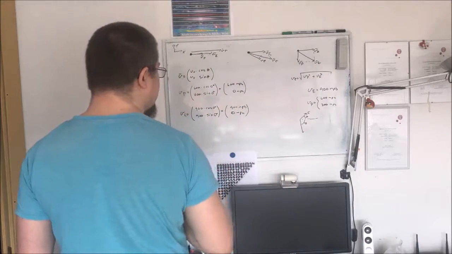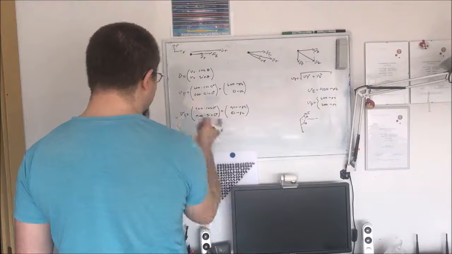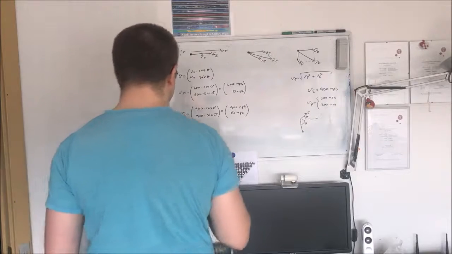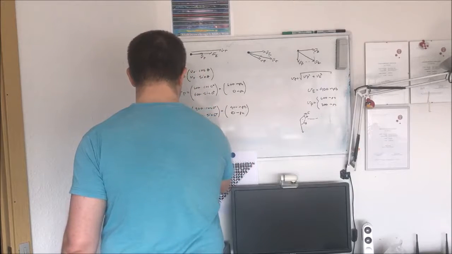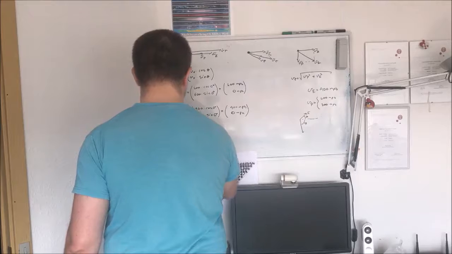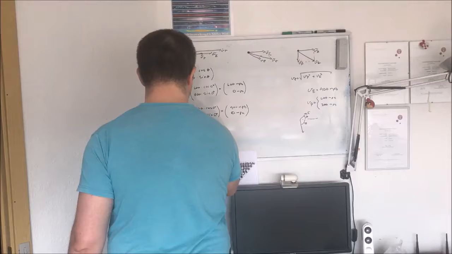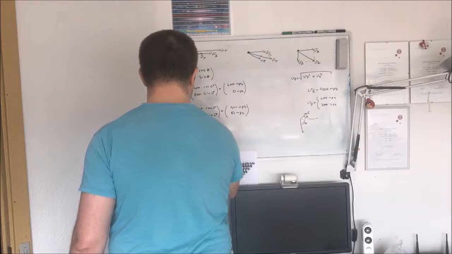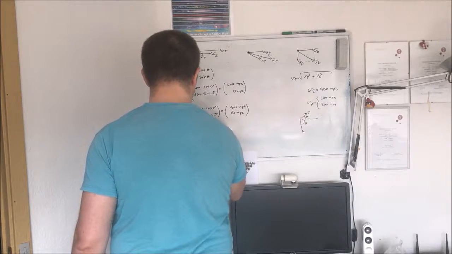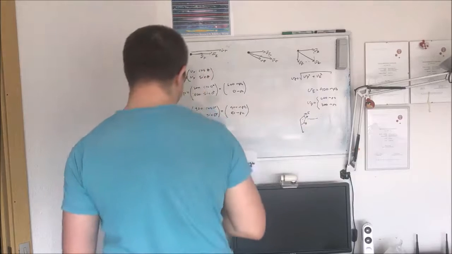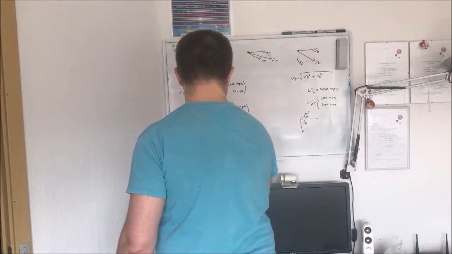Let's try to add these component-wise, so we get Vt is equal to 900 plus 600, 0 plus 0, that is equal to 1500 and 0.